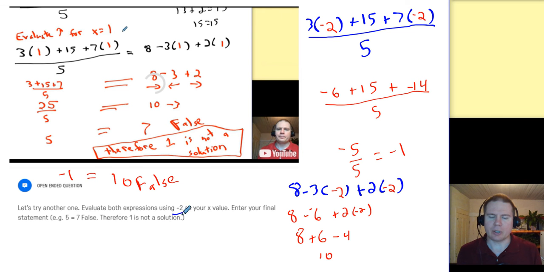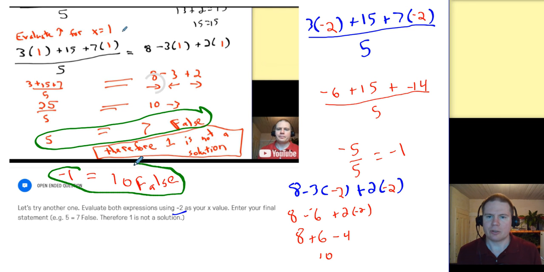And that's what I asked you to write. Enter your final statement. For example, 5 equals 7, false. Right, there's my, let me switch colors. Here's my 5 equals 7, false. Well, here's my -1 equals 10, which is a false statement.